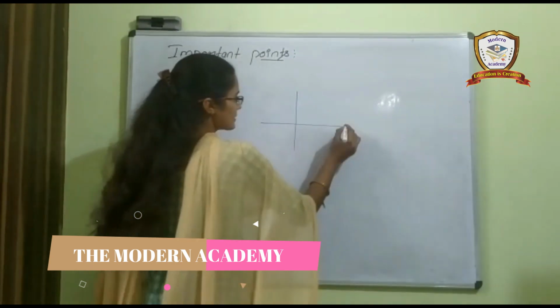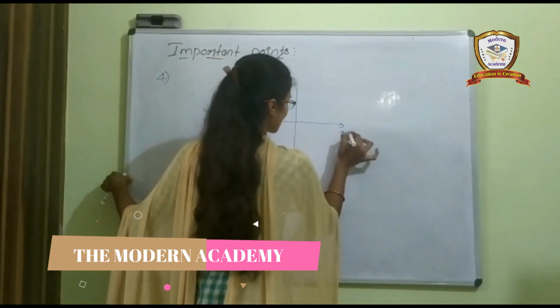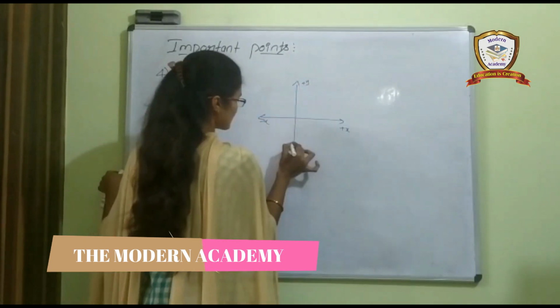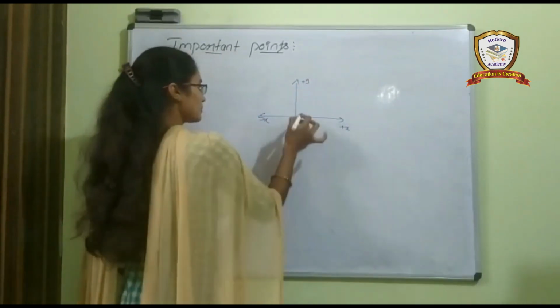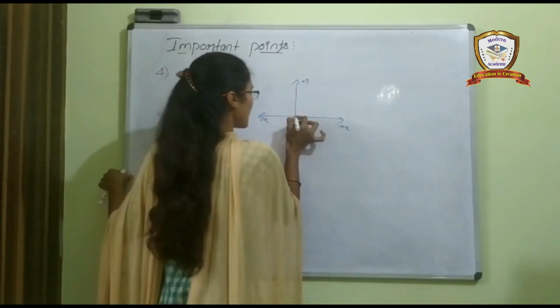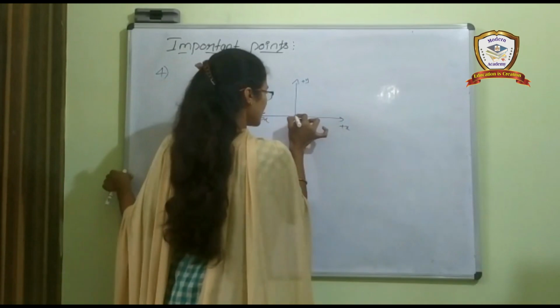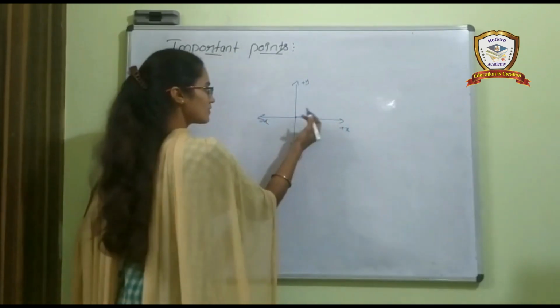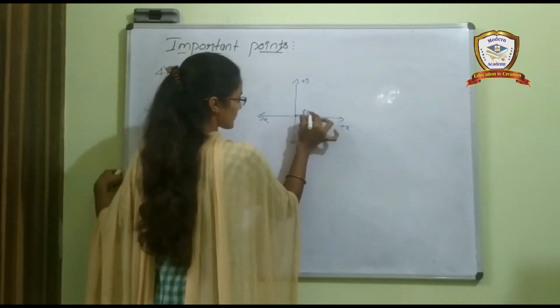This is the coordinate system. This is positive x-axis, positive y-axis, and then negative x-axis, negative y-axis. For example, this is the origin. A boy started his journey here and he is moving towards positive x-axis and he stops at this point. He covers 8 meters.